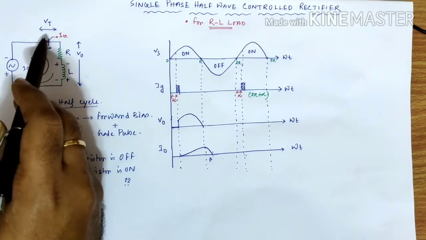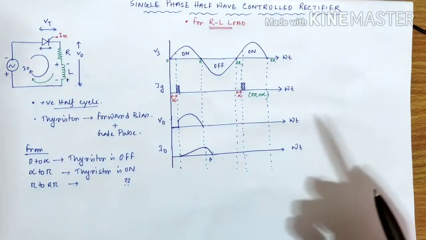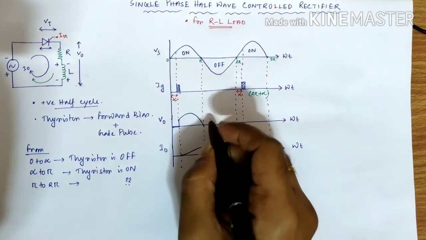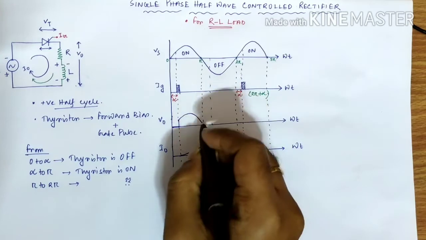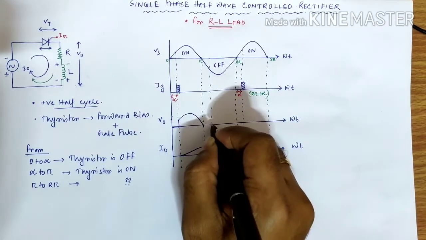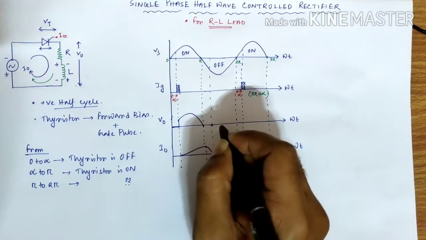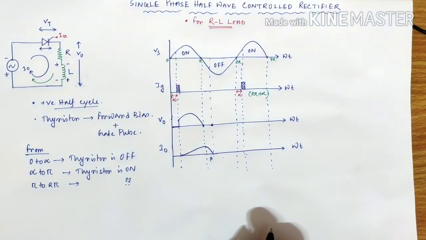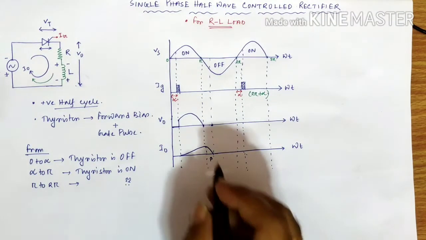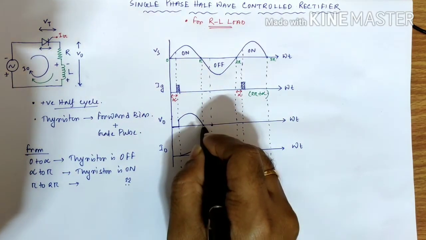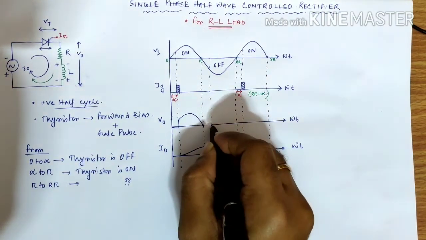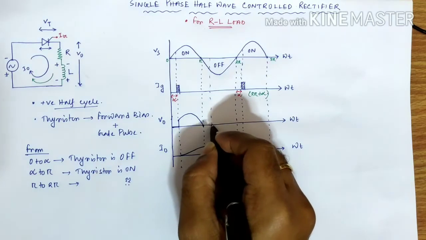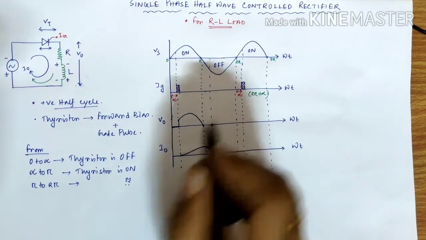That is why the thyristor gets turned off. So the important thing is that the thyristor will finally stop in this region. Instead of turning off at pi angle, it will actually turn off at pi plus beta angle. That is the important thing.